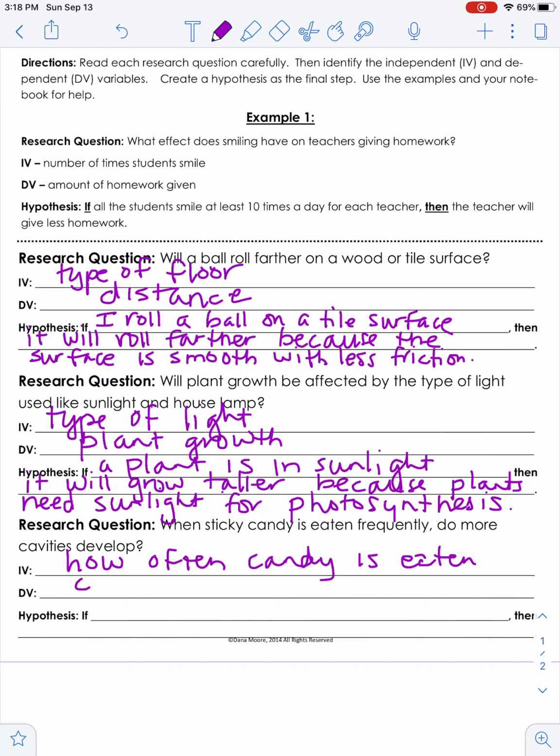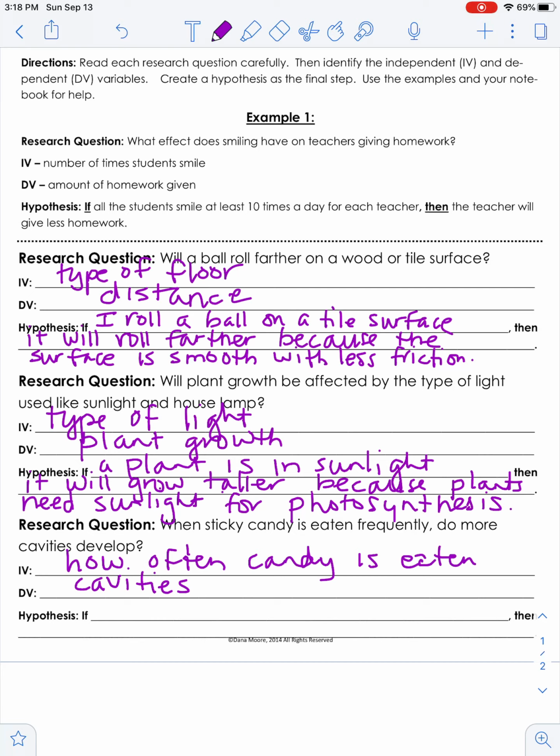It would be cavities. Okay, so then I would choose a side. I would choose whether I'm going to eat sticky candy or not eat sticky candy, because the question asks, when sticky candy is eaten frequently, do more cavities develop? So I'm going to choose a side with yes.